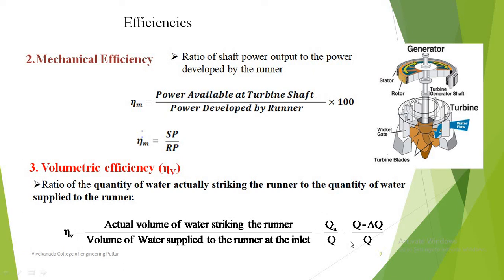See here, capital Q is the actual water supplied through the nozzle or at the inlet, but here minus delta Q. Delta Q is some quantity of water which won't strike the vane. It will just go out without striking the vane.